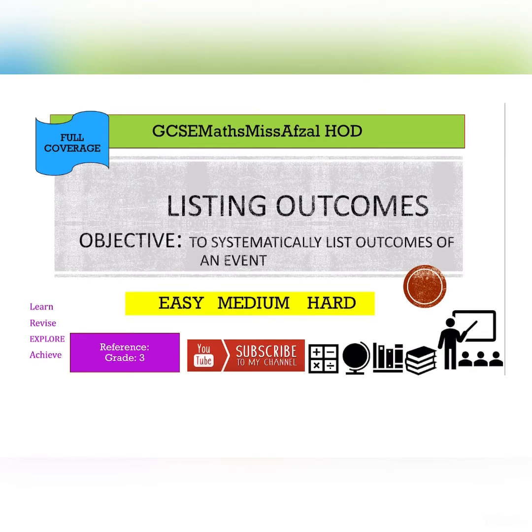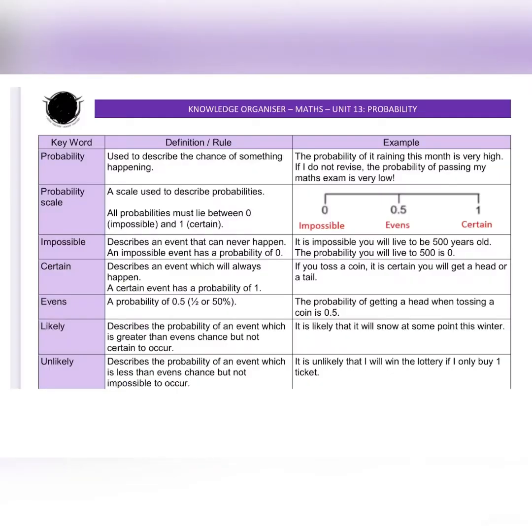So again, it's a topic in probability where we look at systematically listing the outcomes of two events or one event happening. Looking at the knowledge organizer for this topic, we're given some keywords and their definitions and a few examples.